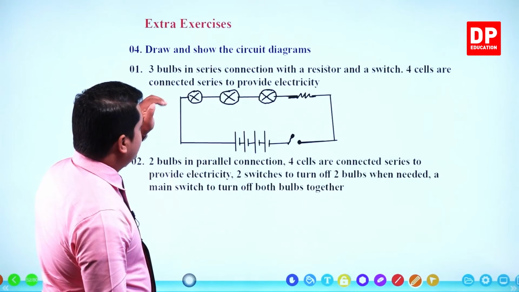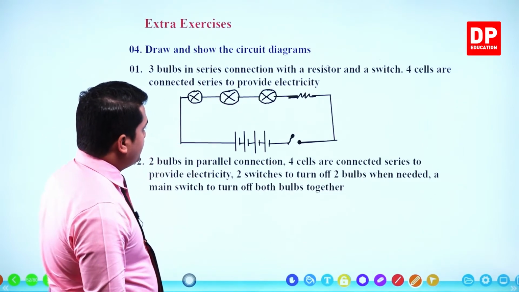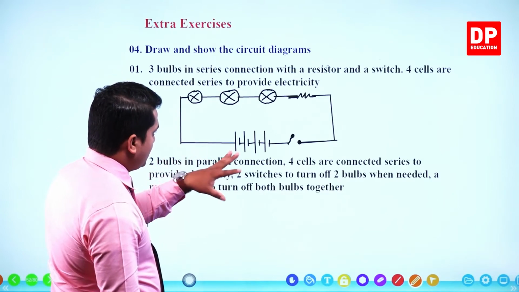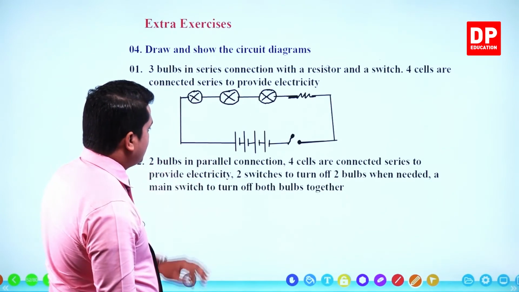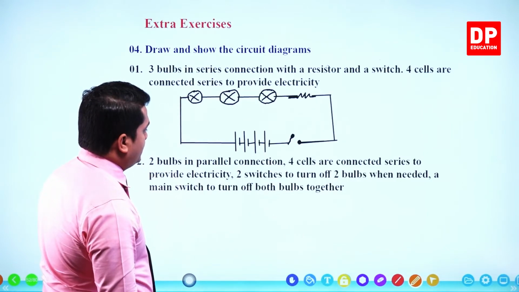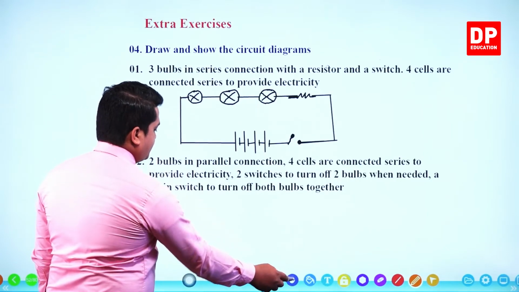So 3 bulbs in series connection 1, 2 and 3 with a resistor and a switch. 4 cells are connected in series to provide electricity. Right. Next one.